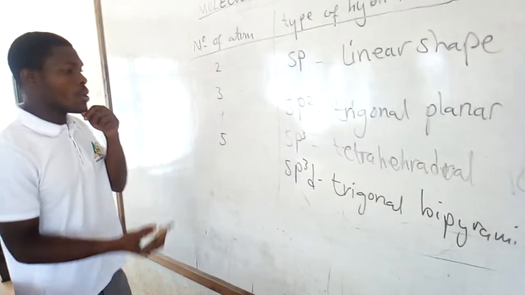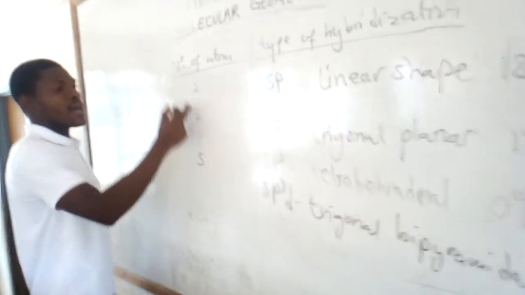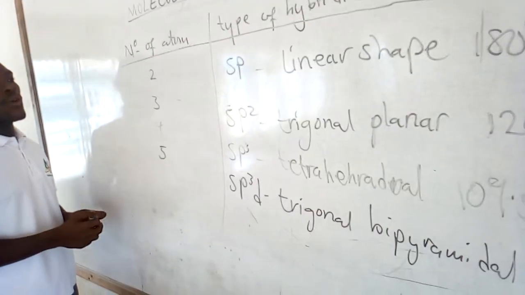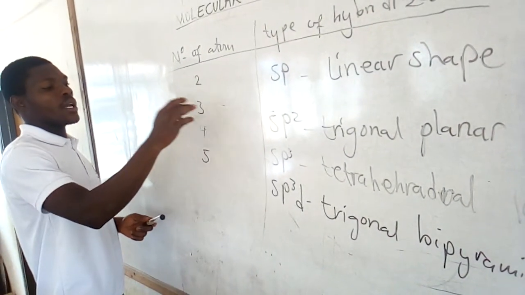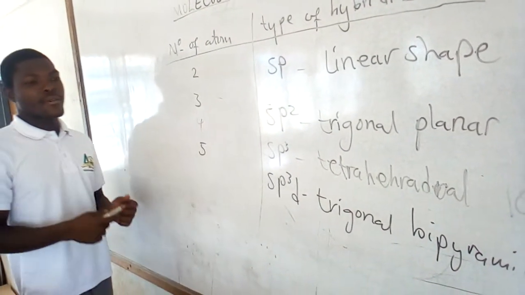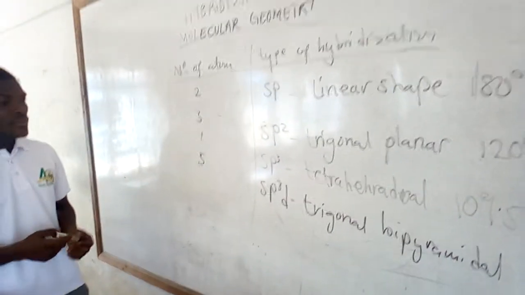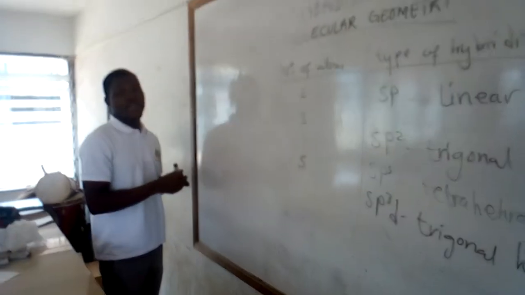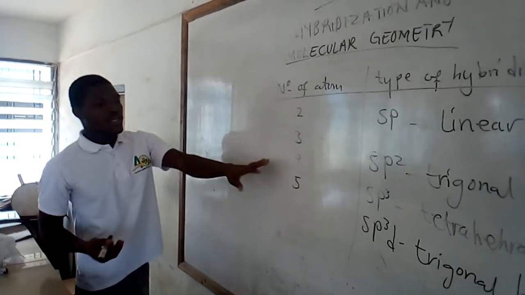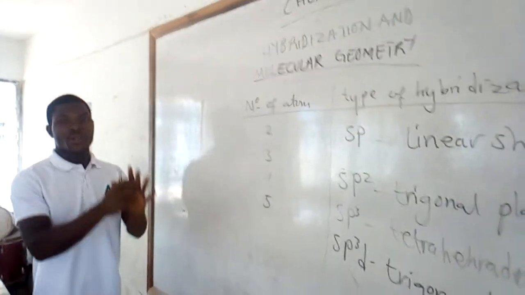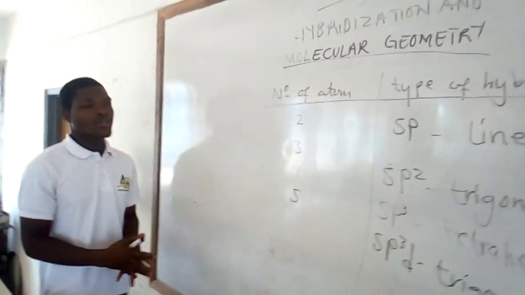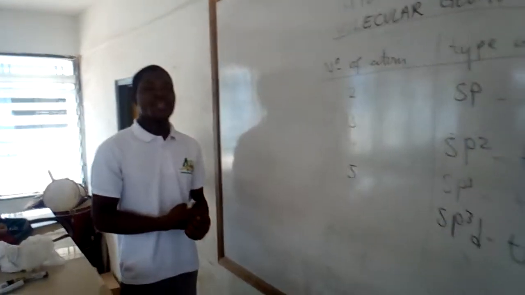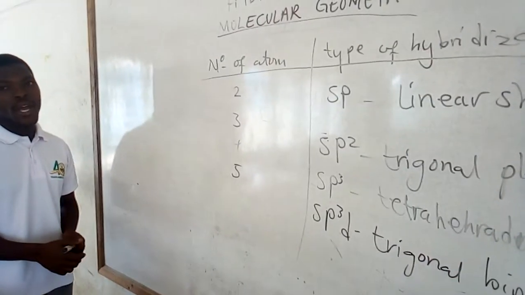So let's consider the number of atoms with 2, 3, 4, and 5 first. We will look at the following examples to see how to use a shorthand form or shortcut to predict the shape of a given molecule as well as its hybridization.